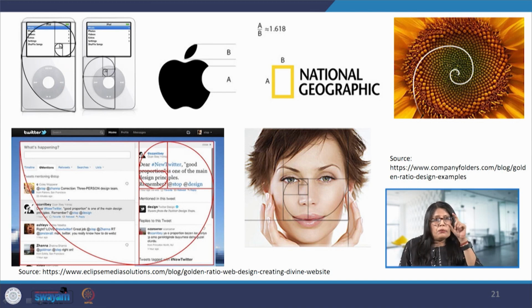At the same time, the proportion of the iPod and also the Apple logo, how 1 is to 1.618 is working out there, and even the logo of National Geographic, it's such a simple golden rectangle.